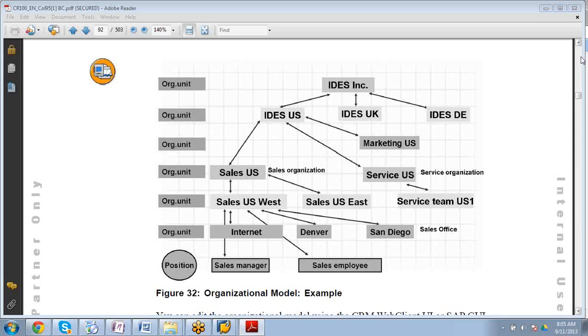Can you please come back just now before going on mute? The org model of SAP CRM will integrate with the org structure of SAP ERP. Then continue with that, and write the second point there.